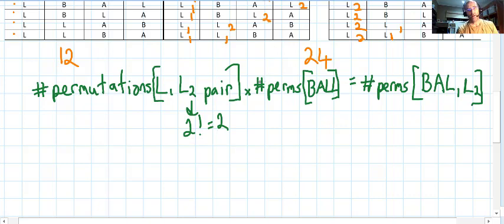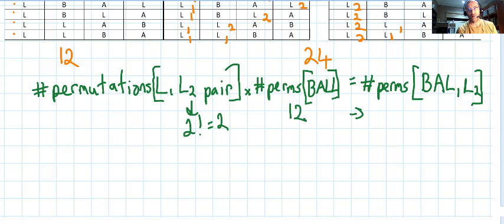If we have that times the number of permutations by direct reasoning of BALL indistinguishable, and we found out above that's 12, we get the number of permutations on the right hand side, the 24, B-A-L-L where L1 and L2 are distinguishable.